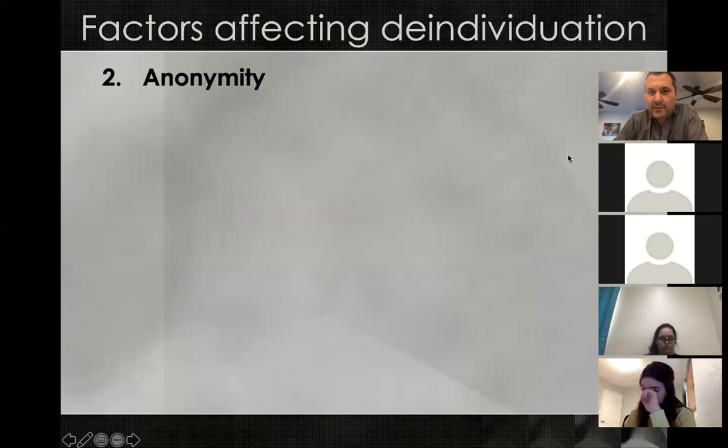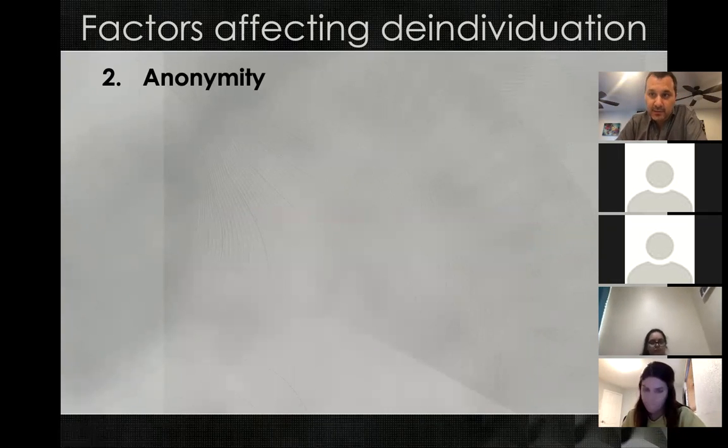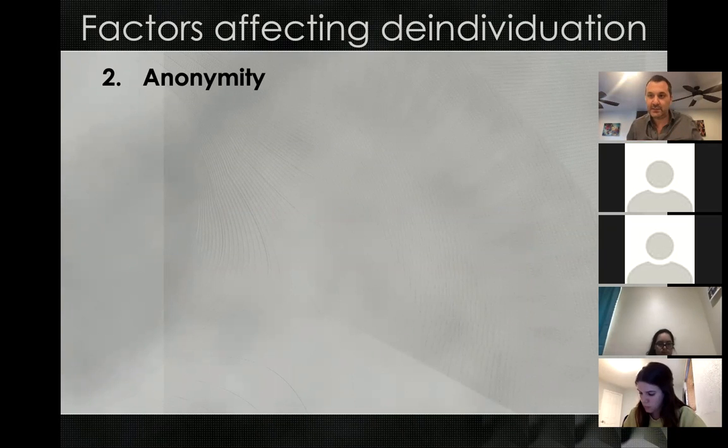Second factor that affects your likelihood of becoming de-individuated is that of anonymity. Meaning, if you feel anonymous, so if you feel like you're not personally identifiable, that tends to increase feelings of de-individuation as well.